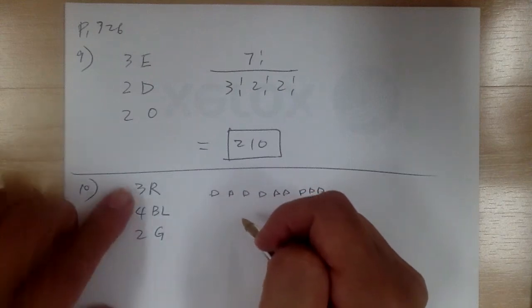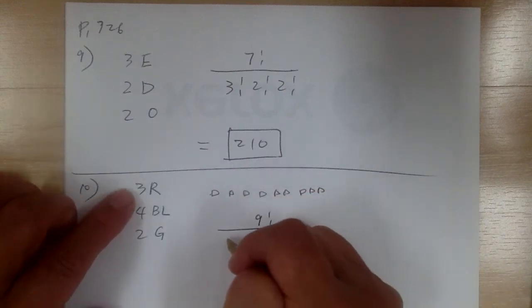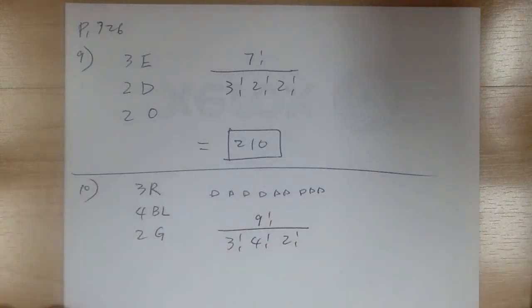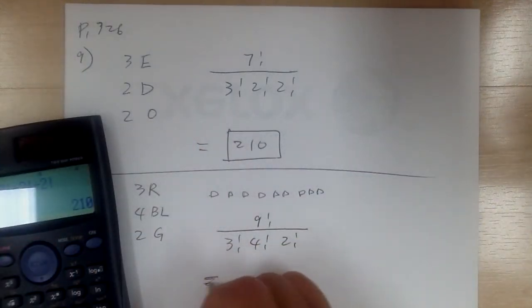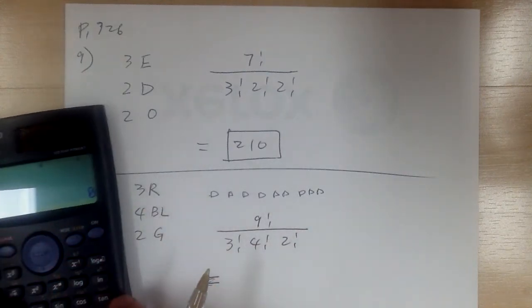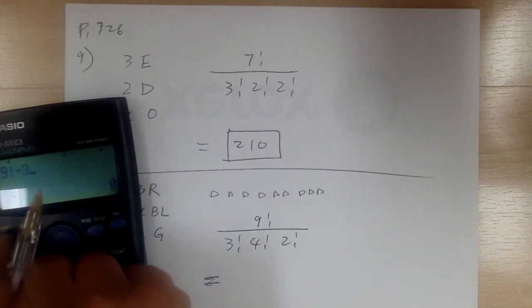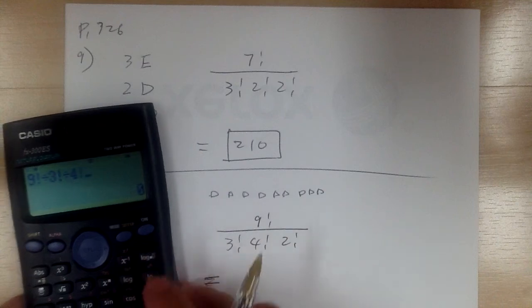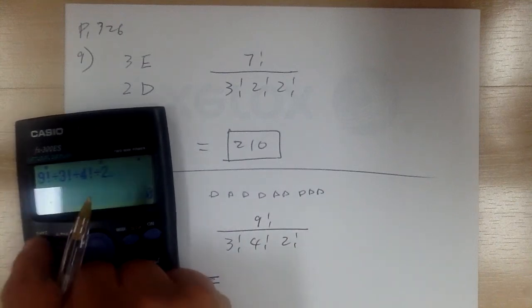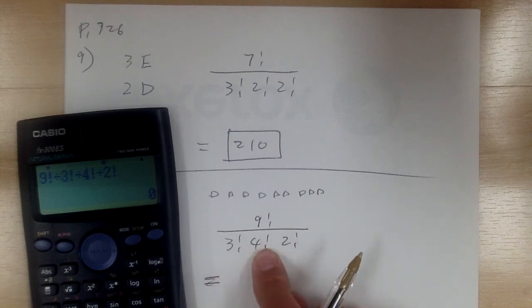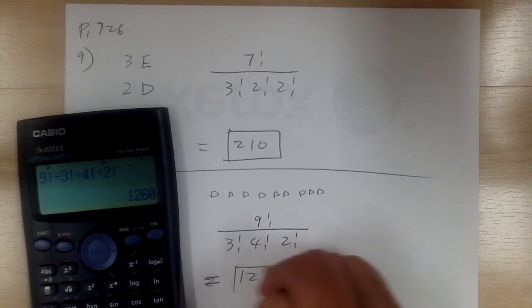So you're going to get 9 factorial over the 3 red ones, the 4 blue, 2 green. Okay, so you can use 9 factorial divided by 3 factorial divided by 4 factorial divided by 2 factorial, and this will equal 1260.